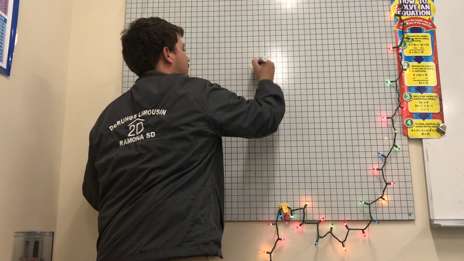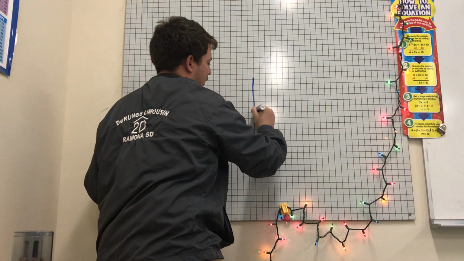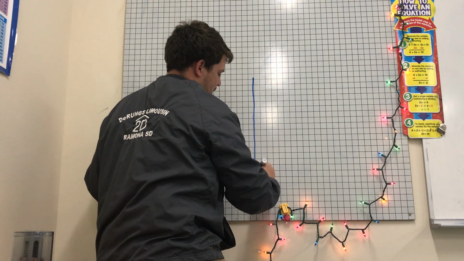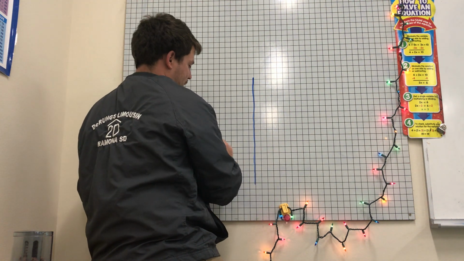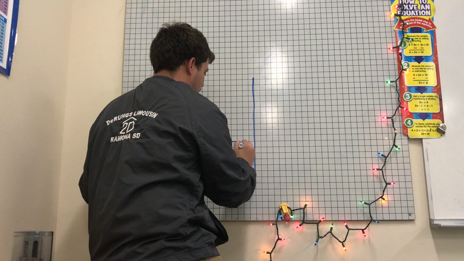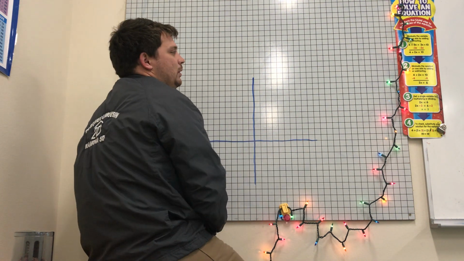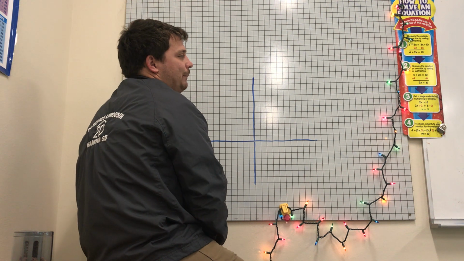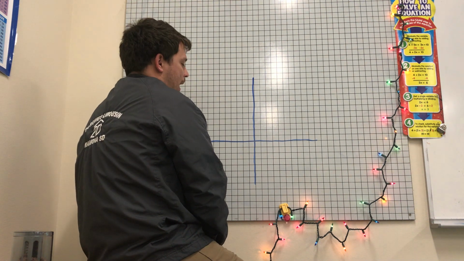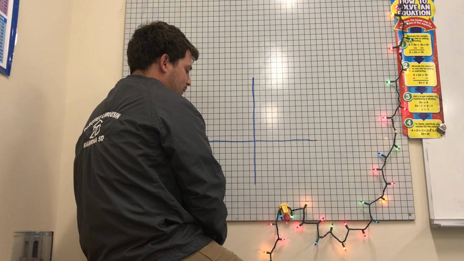Okay, so if I create a chart, or a coordinate plane I should say, it's going to look something like this. Now, we're working with weight and time. Am I ever going to be looking at a negative time in this?